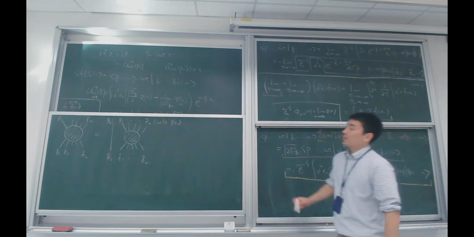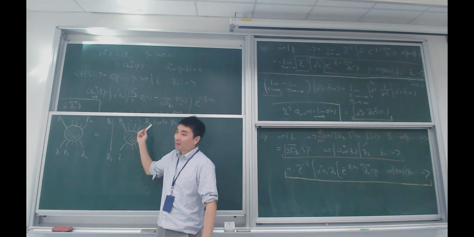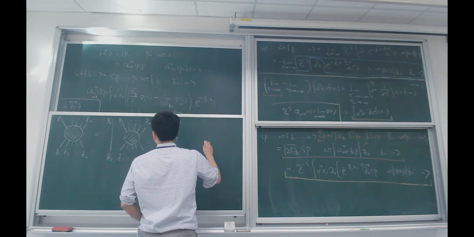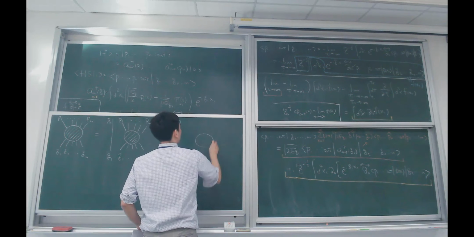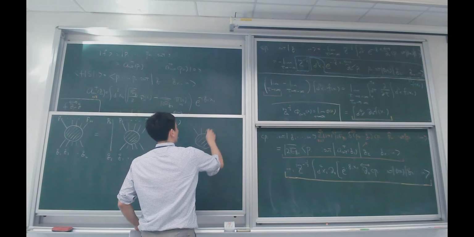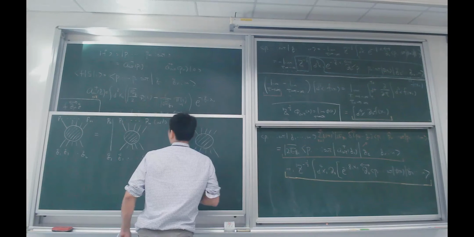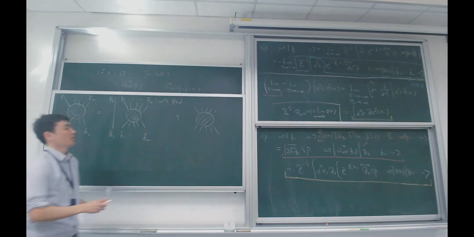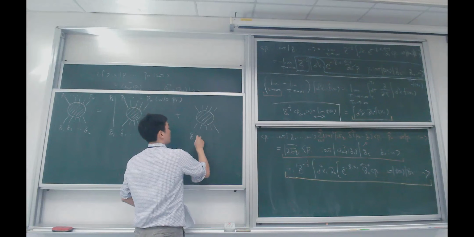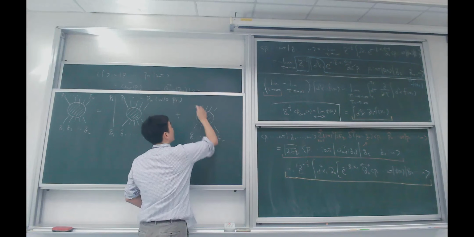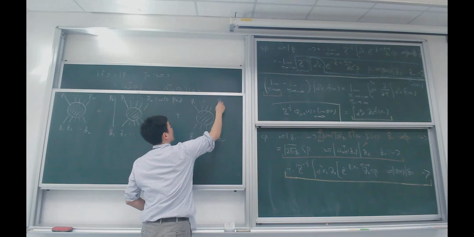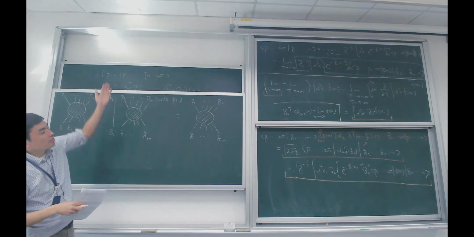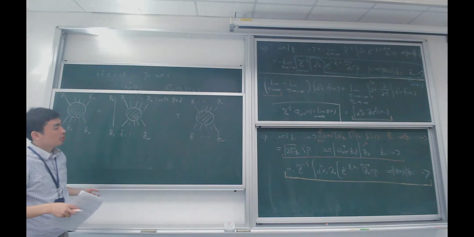K can be anything, K can be any from 1 to n, plus the real interaction. Anyway, that's what I mean. Here is Q1. I mean, this is QR, P1. So the first term is just one particle that does not interact from past infinity to future infinity.